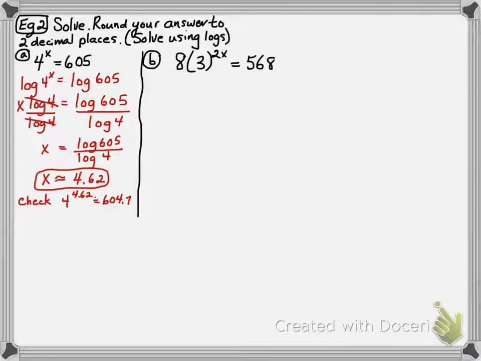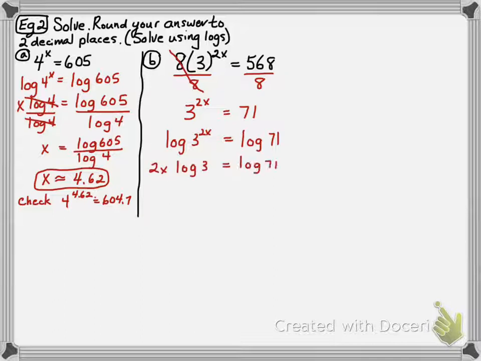In our next example, we have 8 times 3 to the power of 2x is 568. We want to simplify it as much as we can, so we're going to divide both sides by 8. Then you're going to get 3 to the power of 2x is equal to 71. Now you can apply the log rule to both sides, and you're going to get the log of 3 to the power of 2x is the log of 71, which is 2x times log 3 is equal to log 71.